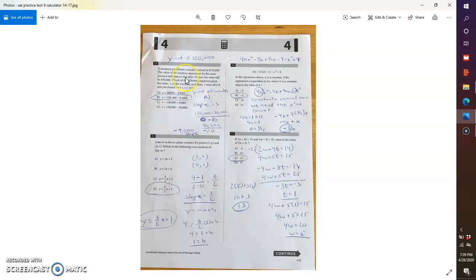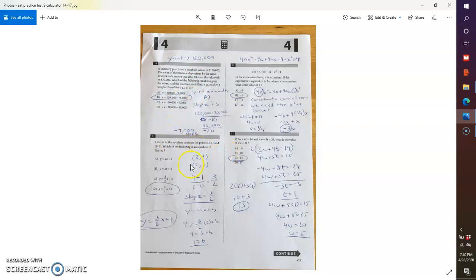So each year, it's going to drop the same amount. Well, in 10 years it dropped from 120,000 to 30,000. So it literally dropped $90,000. So if it dropped the same every year over 10 years, we'd end up with a slope of negative 9,000. And that makes sense. Plug 10 years in here and you'll get 30,000. It should work out for you.